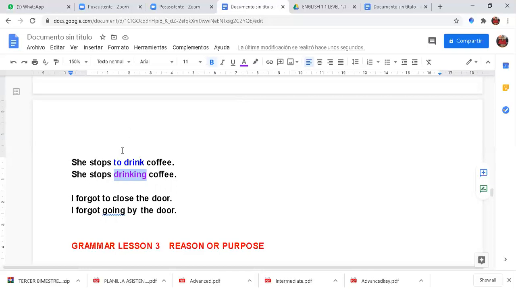Okay, so the meaning also changes. It's very different. In this part, you stop to do something. Okay, or it can be negative. Don't, didn't, doesn't, can be negative. Okay, it depends on the context. She stops drinking coffee, not anymore.